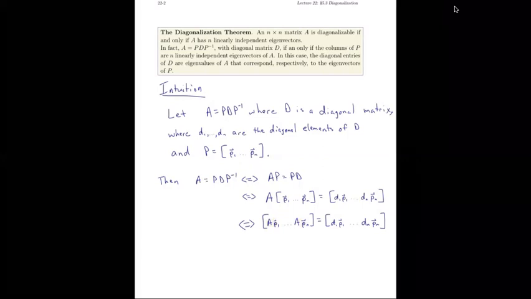On the right-hand side, you might want to check that this is the case, but for this matrix P of column vectors P1 through Pn times the diagonal matrix D with diagonal elements D1 through Dn, we get exactly this. It's the first diagonal element times the first column vector of P, all the way through the nth diagonal element times the nth column vector of P.